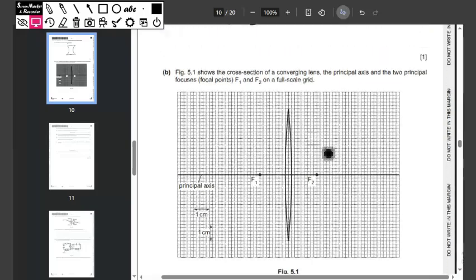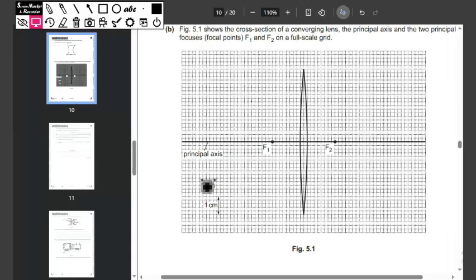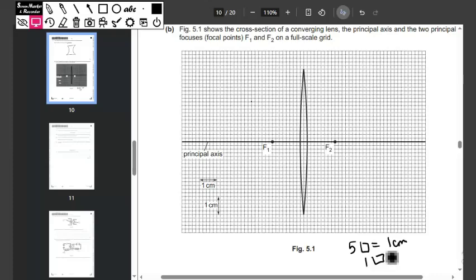Oh, and also we have a full scale grid. We can see here that we have a scale where 5 small boxes are equal to 1 centimeter. So that means one small box is equal to 0.2 centimeter. And this is true for both x-axis and y-axis.